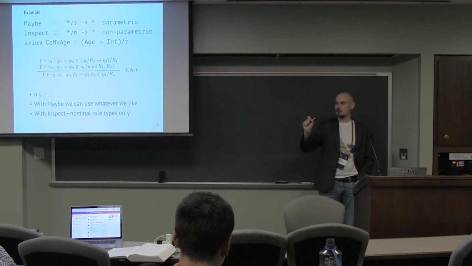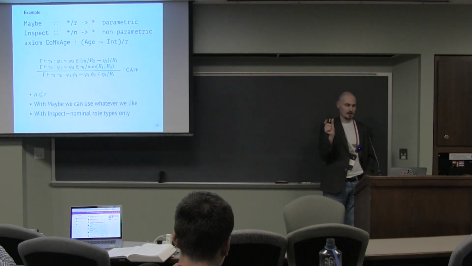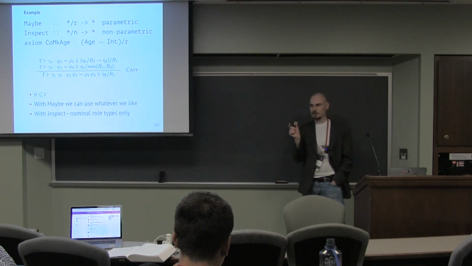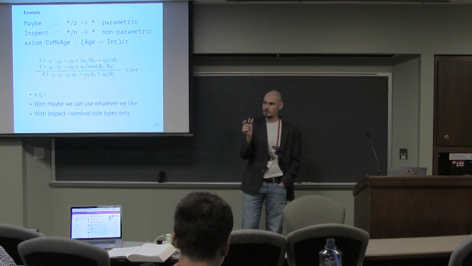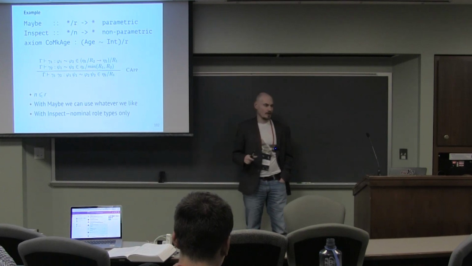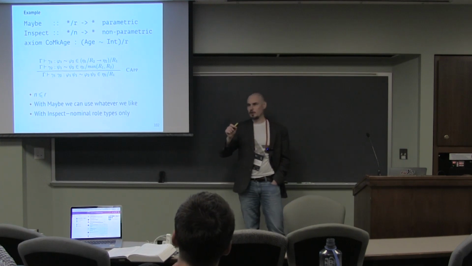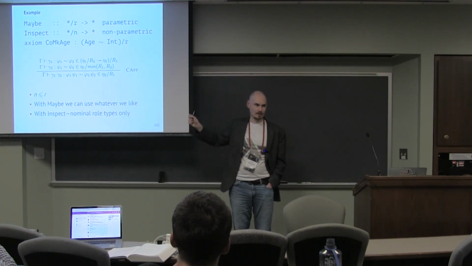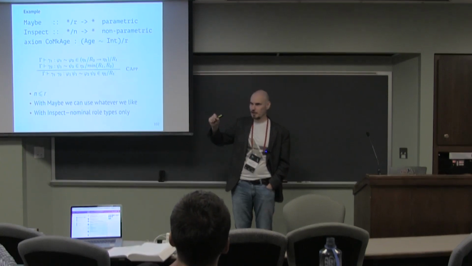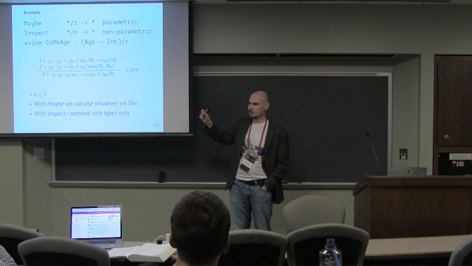So remember, we have two things: we have Int and H, two types. They are representationally coercible to each other, or representationally equal. And we want to decide whether it is possible to write Maybe H equal to Maybe Int, or Inspect H equal to Inspect Int.